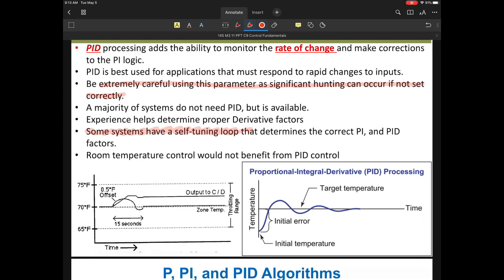In a self-tuning loop, that will work for many of the systems. However, a good example where I felt it would almost need to relearn at different times of the year would be an economizer loop.